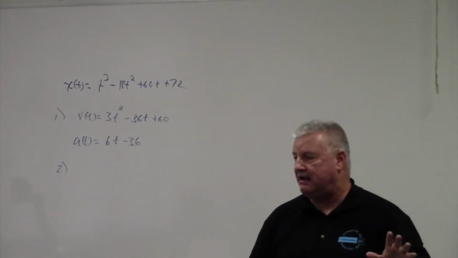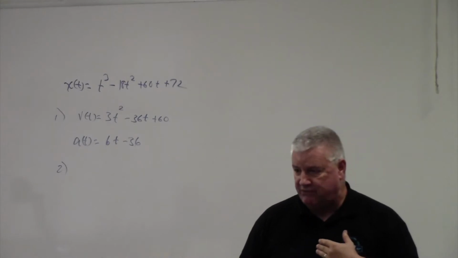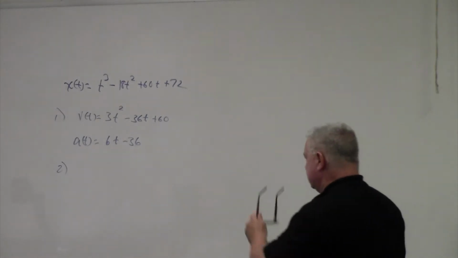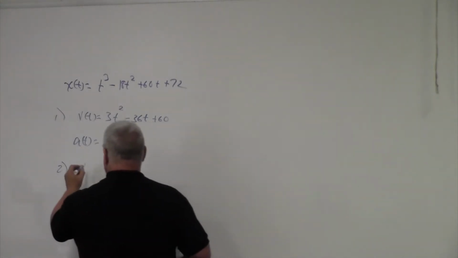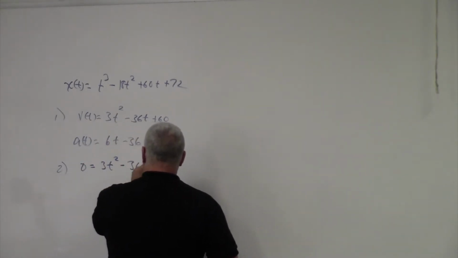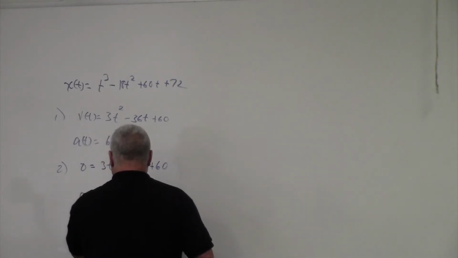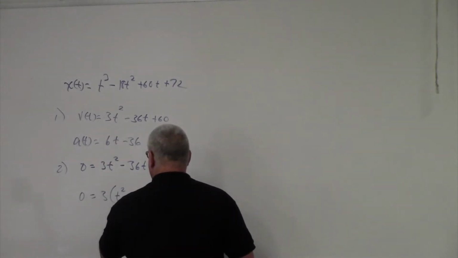I don't care about position. If I'm looking for when something is at rest, then I'm going to set the velocity equal to 0. This is similar to the problem that we had earlier. So I'm going to factor out the 3. Don't let me mess up.